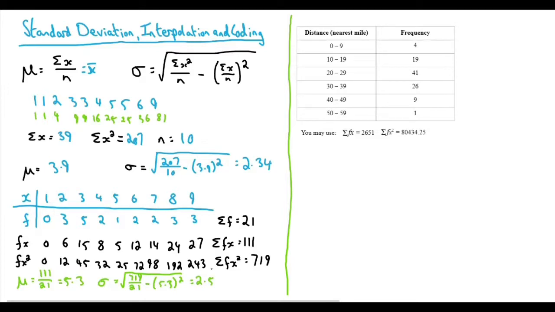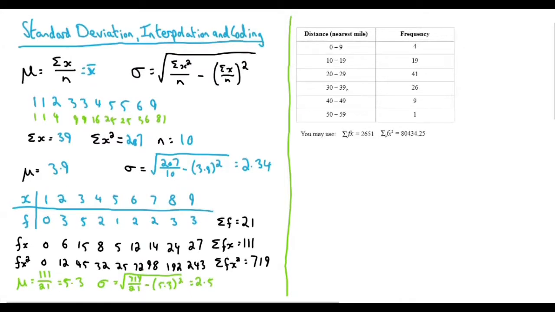Okay. Now, in turn, another way that these frequency tables could change is that rather than giving you specific x values, they can instead just give you a class width that we're going to be working between. So here, we still have our frequencies. We have a frequency of 4, 19, and so forth for our class widths of 0 to 9 and 10 to 19.